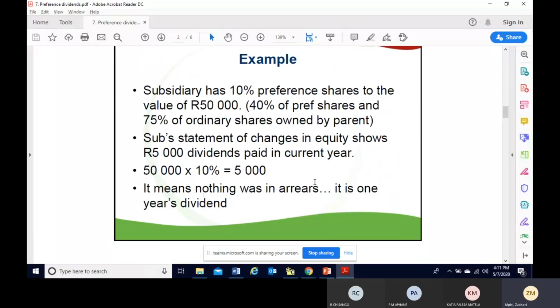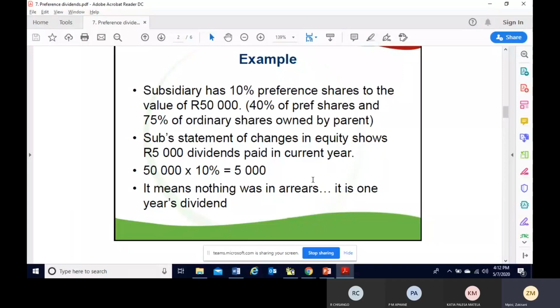Here is an example. A subsidiary has 10% preference shares to the value of 50,000, 40% of preference shares, and 75% of ordinary shares owned by parent. So this simply means a parent will not have the same interest of shareholding in terms of ordinary shares and preference shares.